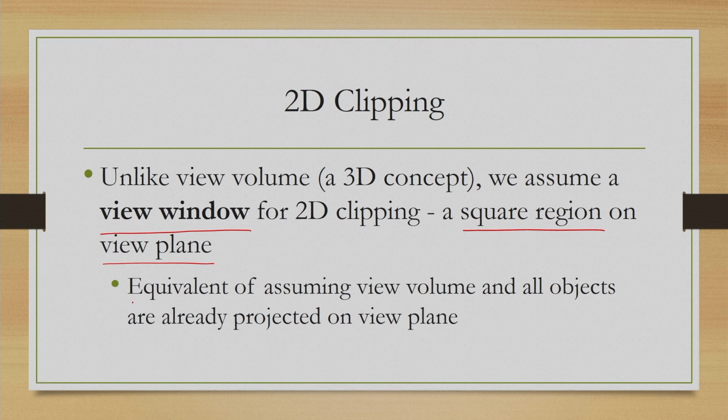So, it is equivalent to assume that the view volume and all objects are already projected on the view plane. That is another way of looking at 2D clipping. So, projection is already done and we have a 2D clipping window. Now, we want to perform clipping, that is, after projection we want to perform clipping.